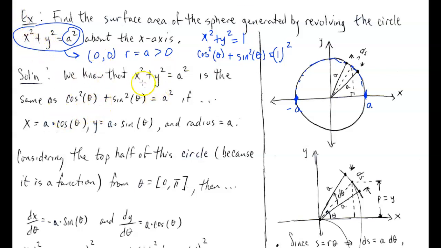So looking at that, we know that this equation can be rewritten this way, which means that we can extract that x is now a function of theta, and that y is actually a function of theta, okay? Now notice that both x and y are defined in terms of another variable, mainly the angle theta, okay?